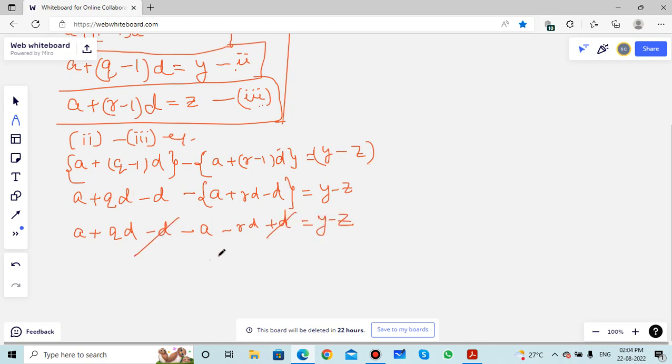Minus d plus d got cancelled here. A and a got cancelled. We get qd minus rd is equal to y minus z.